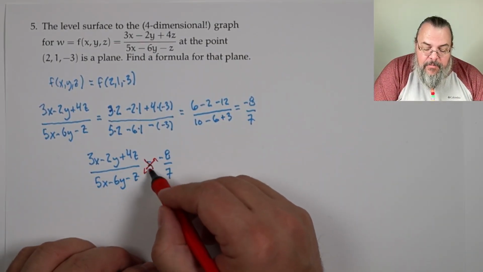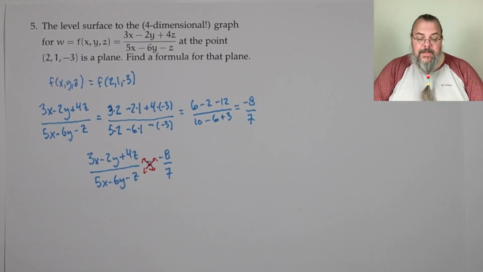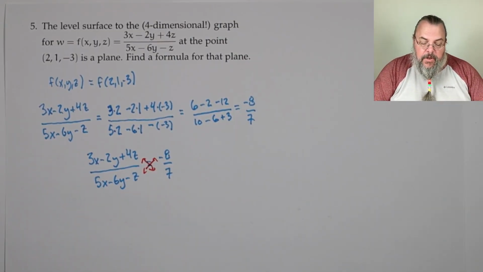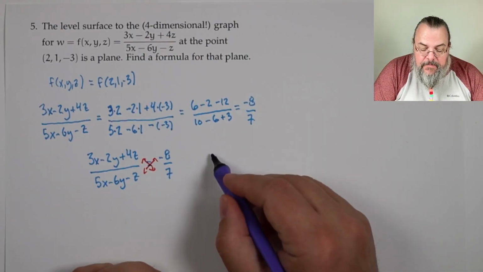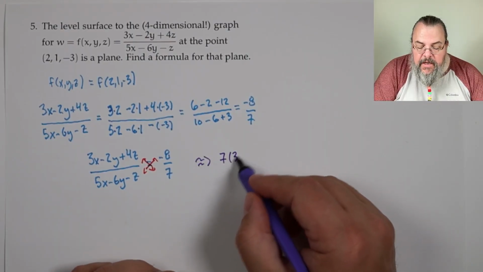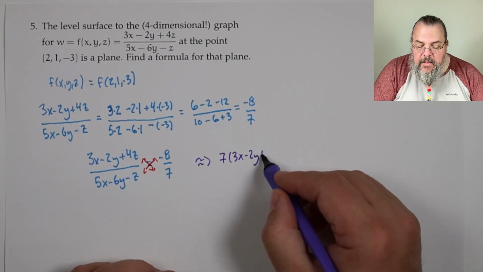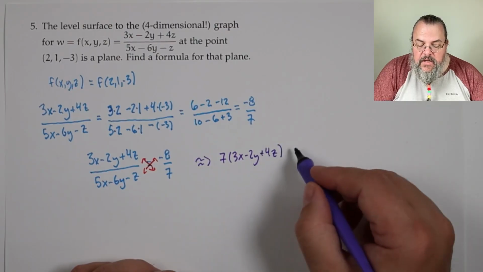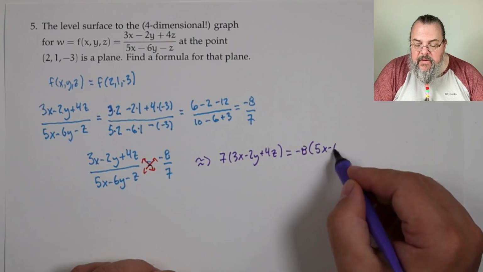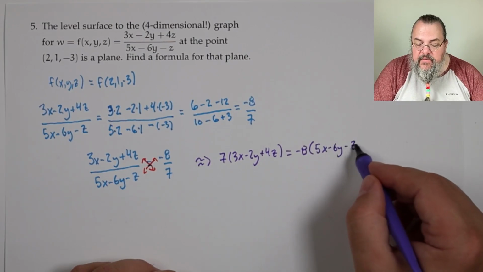I'm going to do it by cross multiplying. And so we're going to carry that out. And what do we get? Well, we're going to get that 7 times (3x minus 2y plus 4z) is equal to negative 8 times (5x minus 6y minus z).